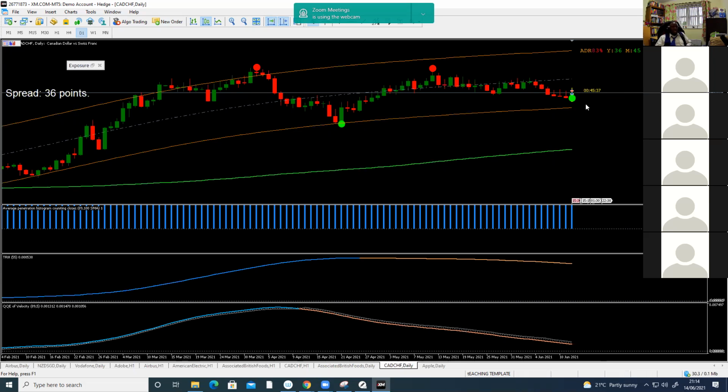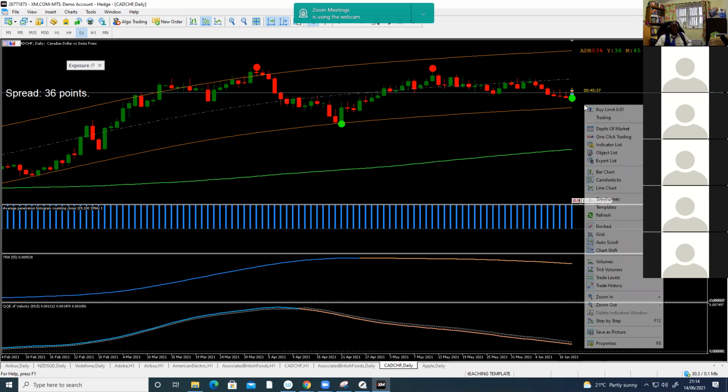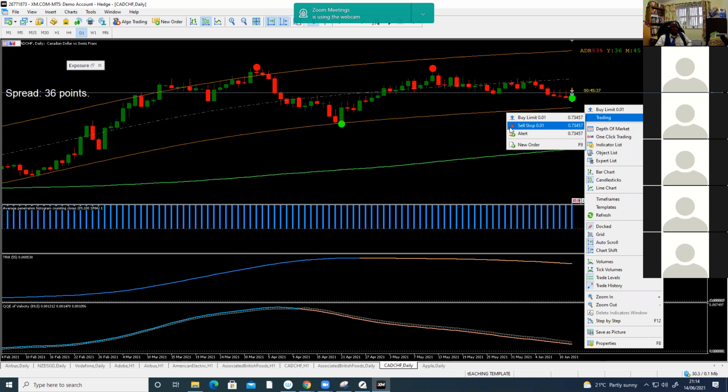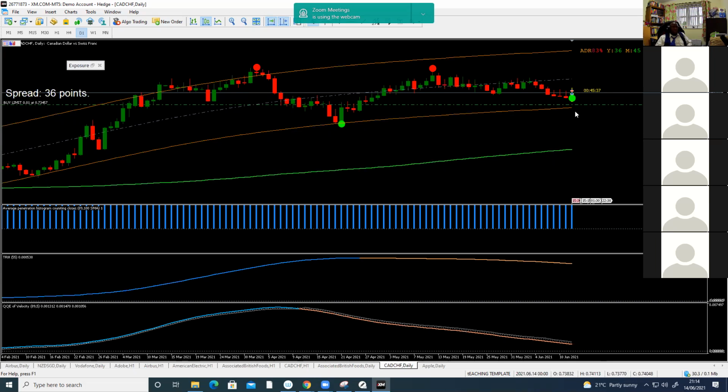Remember, I said that we put a fake buy. We right click and put a buy there, just to see. This is like a little fake buy. It's not bought yet. This is what we call a buy limit, but we're not using a buy limit where we're buying into the market. So we put that there.